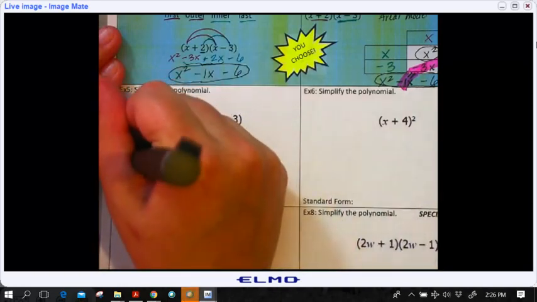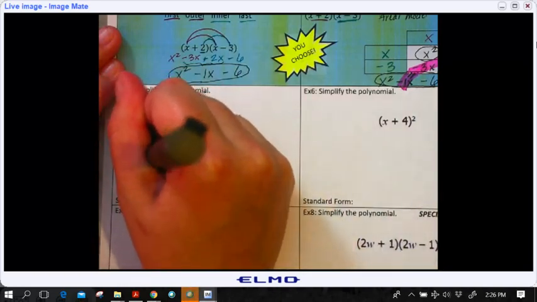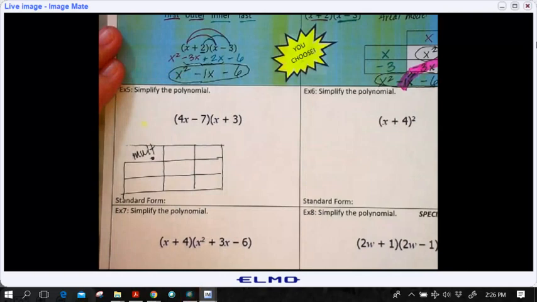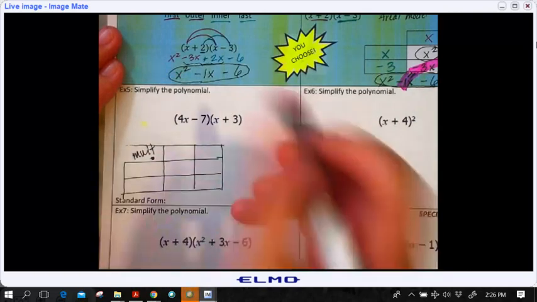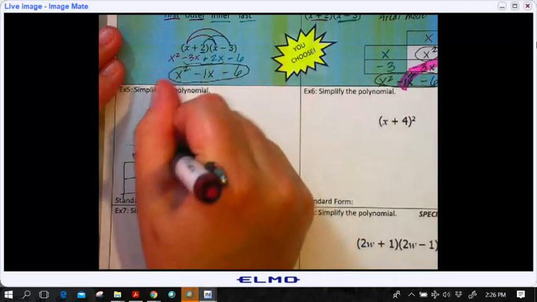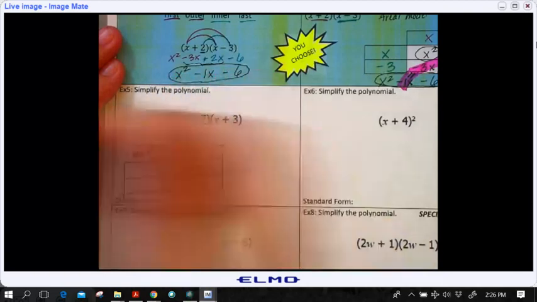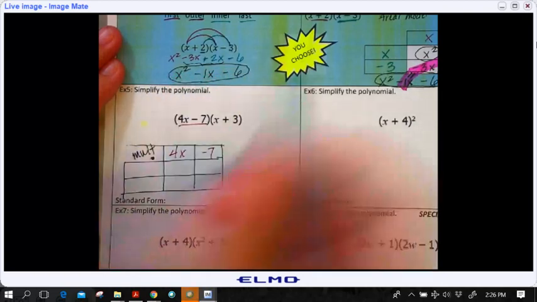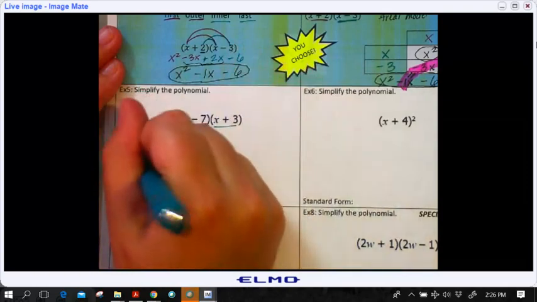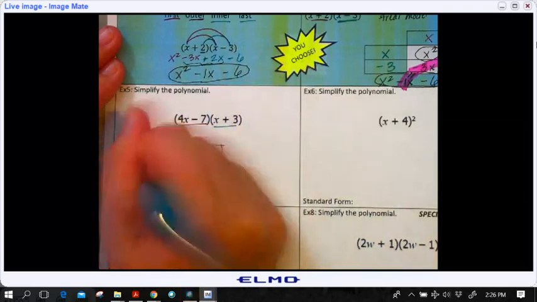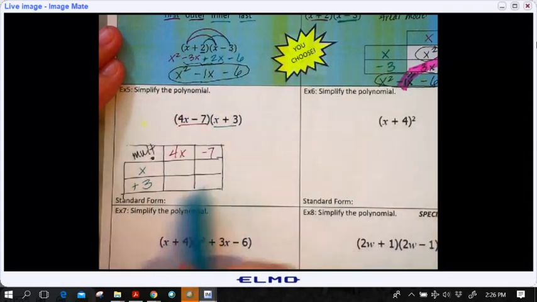And so we are multiplying them. Okay, so just pick one to go along the top, 4x and negative 7. Pick the other one to go down the side, x plus 3, and then we need to fill in the middle.